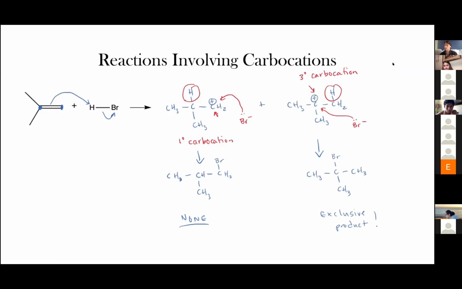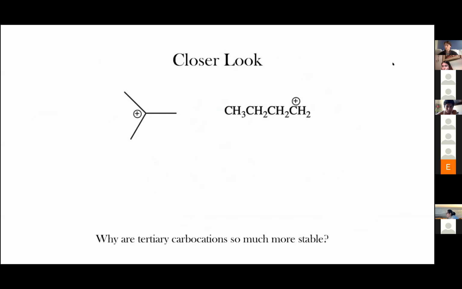It's not observed. The only one that is observed is when the tertiary carbocation forms in solution. Okay, none of that product on the left is found. So let's take a look at a couple more molecules, and then we'll get to the reasons why.